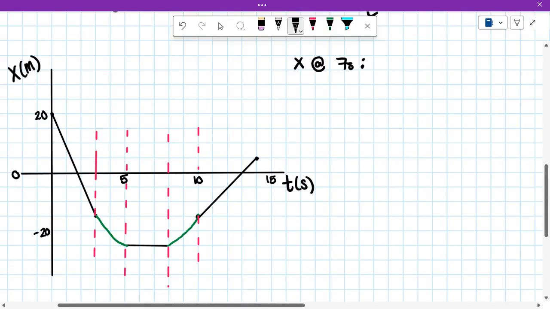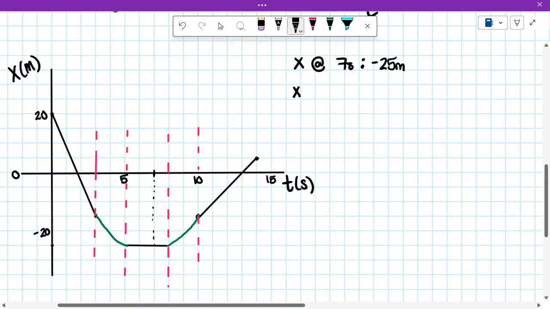Because this is a position versus time graph, this graph tells me exactly where I am at specific points in time, or as time goes on. So all I need to do is figure out where 7 seconds is, which will be right here. And I need to follow until I get to when I hit the graph here. And I just need to read this y-axis value, which will be negative 25 meters.